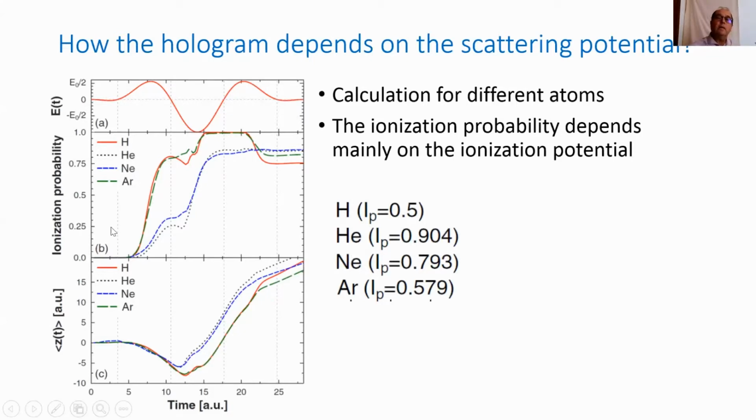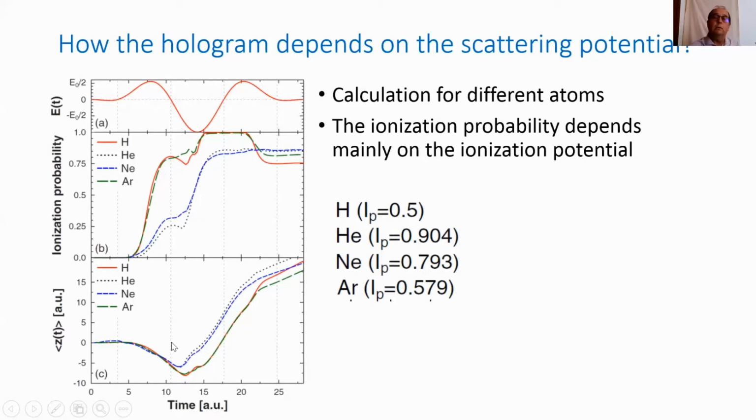If we represent the ionization probability as a function of time, this ionization probability depends on the ionization potential. If the ionization potential is lower, the ionization probability increases more rapidly than for helium and neon.